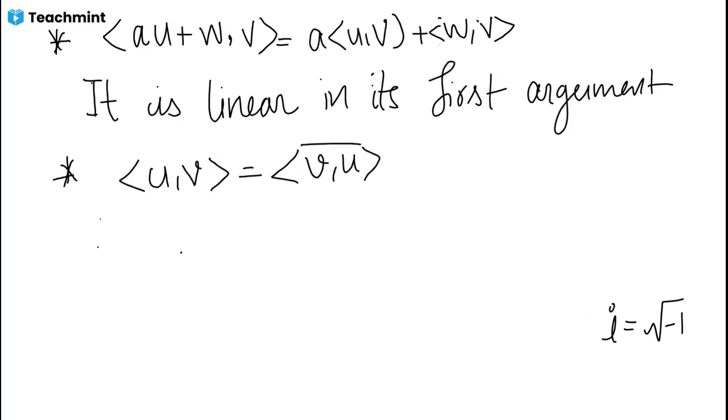If we take the opposite sign of the imaginary component, that is the conjugate of iota. So the inner product can be expressed as the conjugate of the swapped product, by taking the conjugate of that.